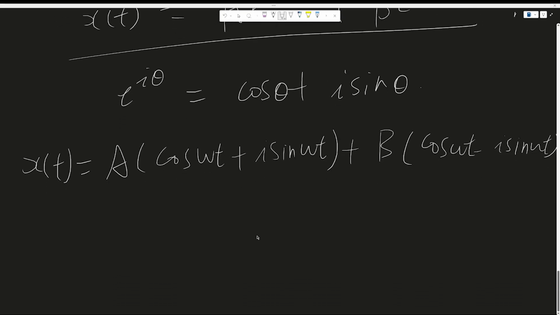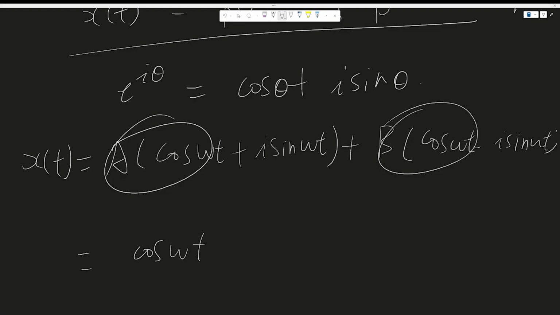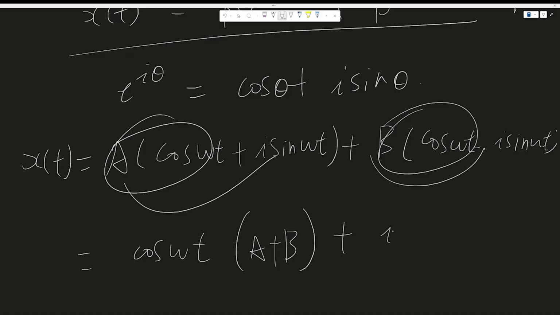And we can combine terms, so we have cosine omega t times (a plus b), plus this term and this term, so we have i sine omega t times (a minus b).